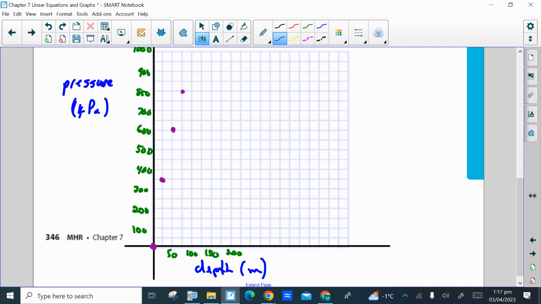And this is continuous data, because it is possible to have half of a depth in meters. It's possible. So this is continuous data. We can draw a line going through all these points.